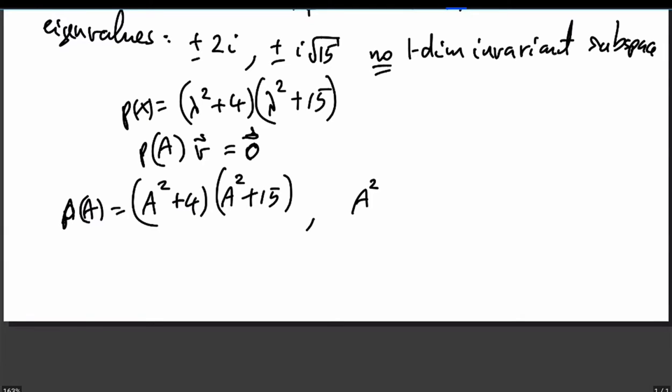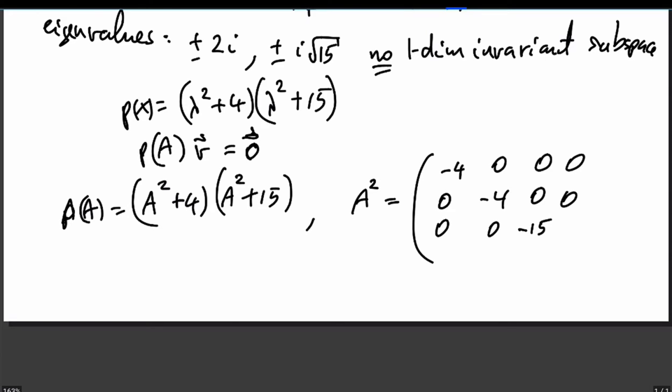And again, you have to make sure you are not making a mistake. Maybe MATLAB can be used, at least to double check your answer. So we get minus 4, 0, 0, 0, and 0, minus 4, 4, 0, 0, 0, 0, minus 15, 0, minus 11, 0, 0, minus 15.